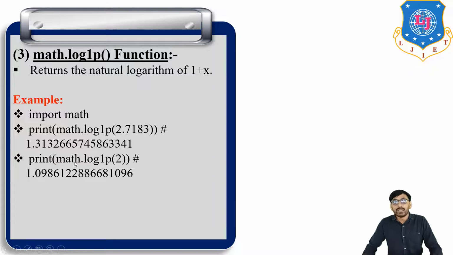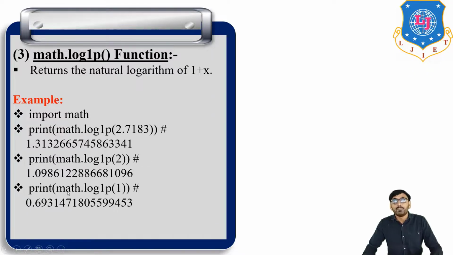Then print math.log1p(2). So we get the answer 1.09861 something. And print math.log1p(1). Then we get the answer 0.6931 something. So this log1p function returns the natural logarithm of 1 plus x.